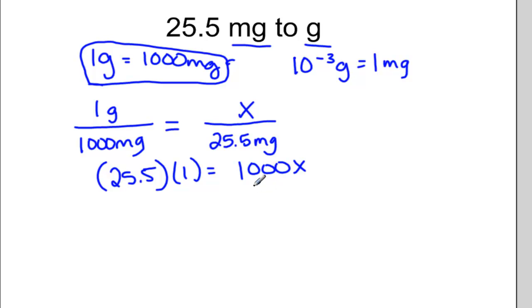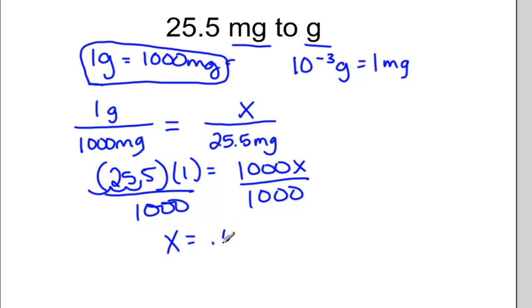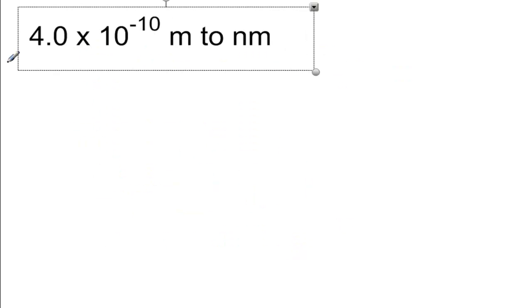Then we're going to solve for x by dividing both sides by 1,000, which basically means I move my decimal point 1, 2, 3 places, so x is equal to 0.025 grams.